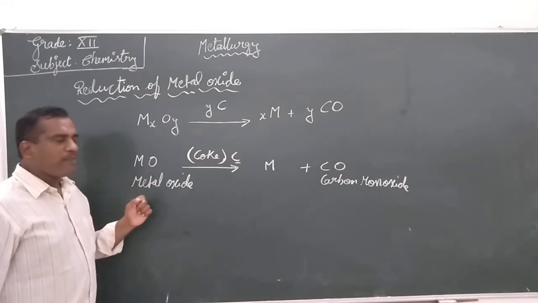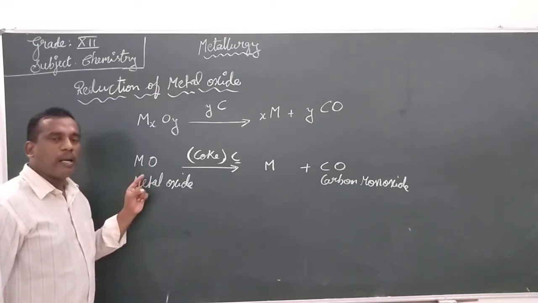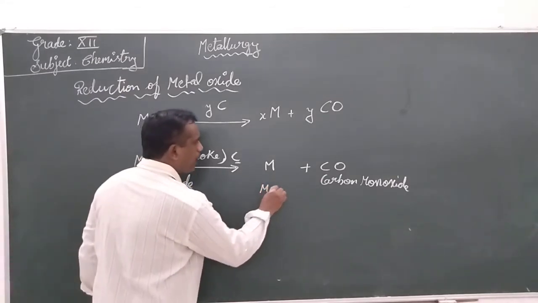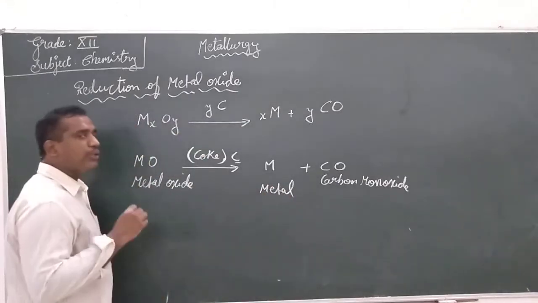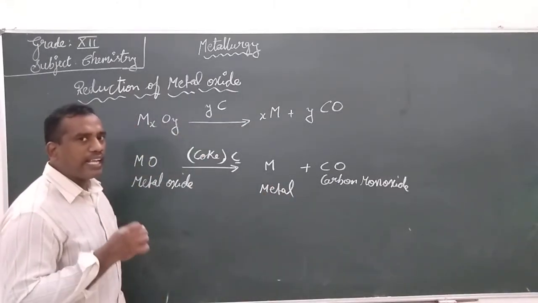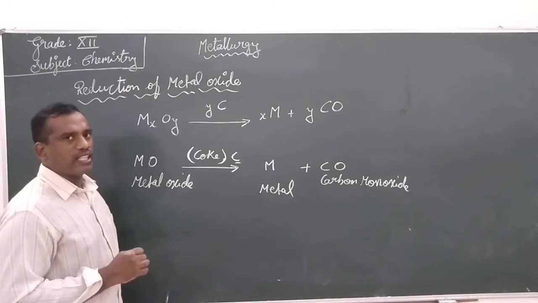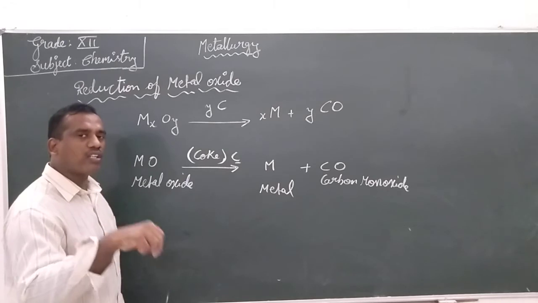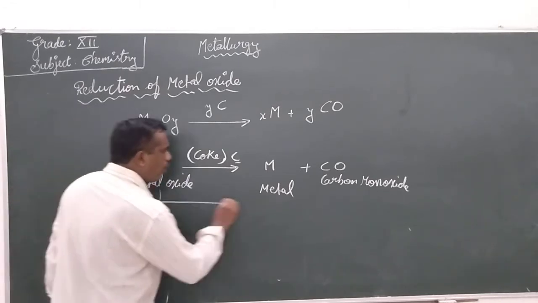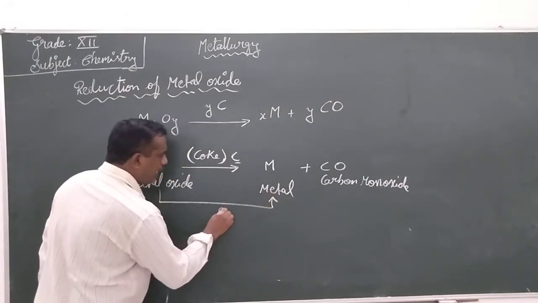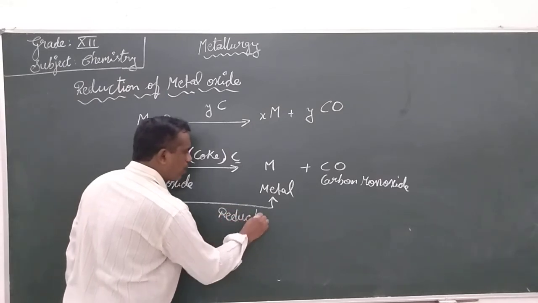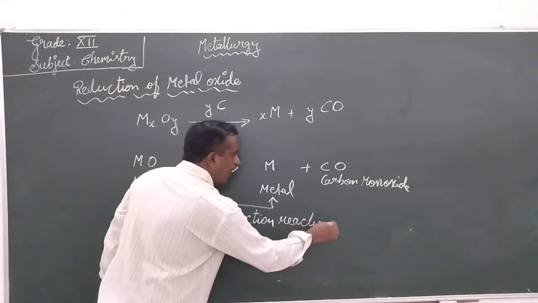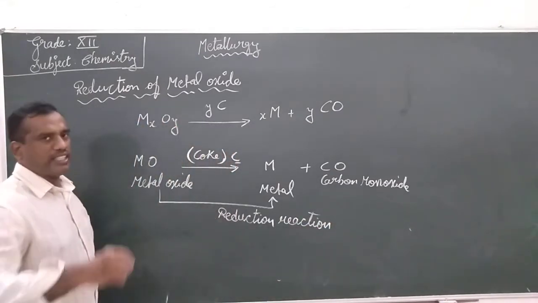So we could say in the reactant the metal oxide is present, but in the product we have only metal. Do you remember the reactions in which a substance loses oxygen? What do we call them? We call them reduction reactions. How does this reduction take place?